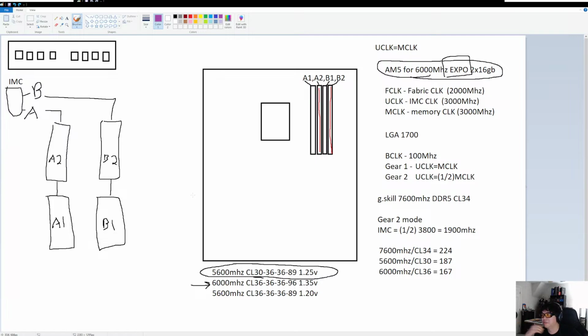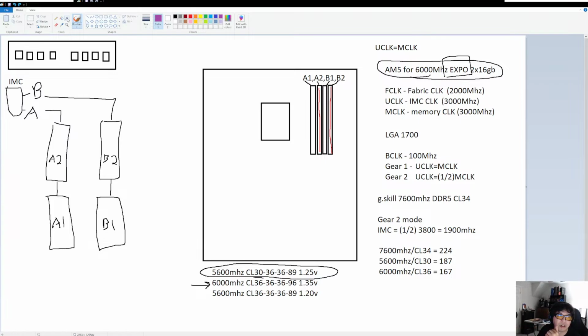It surprised me, because with AMD, when we run the U-clock and mem-clock in a 1-to-1 ratio, this is effectively like Gear 1 mode on Intel. I think of this as 1T versus 2T, like the command rate in the DDR4 days. Those who are familiar with DDR4 and are looking at upgrading to DDR5 might want to keep this in mind.